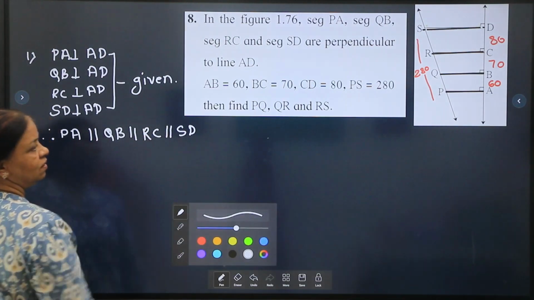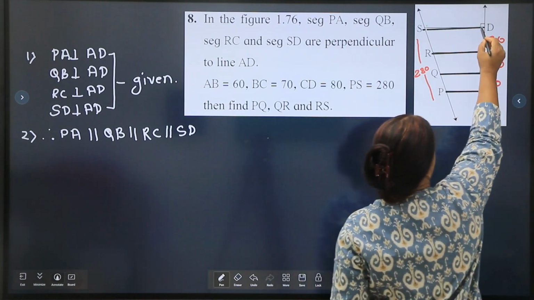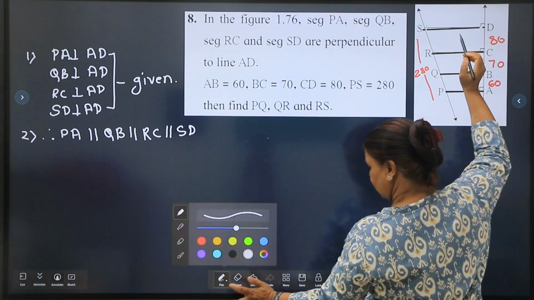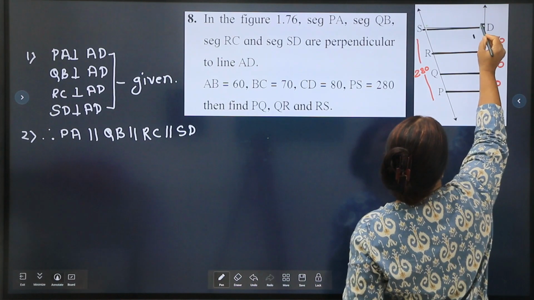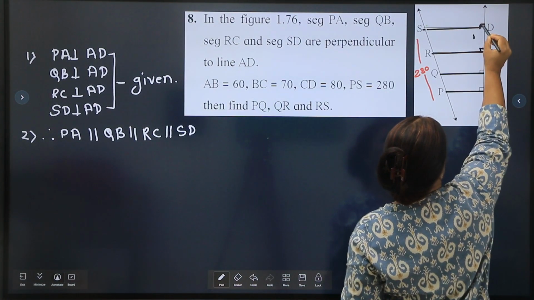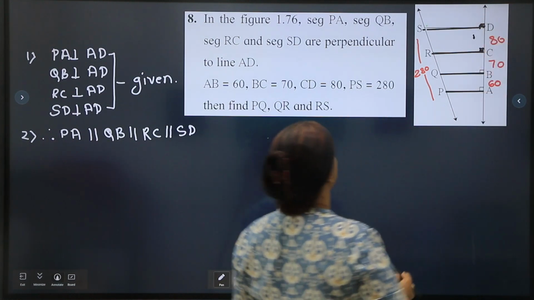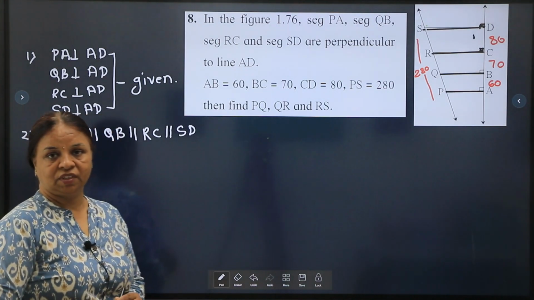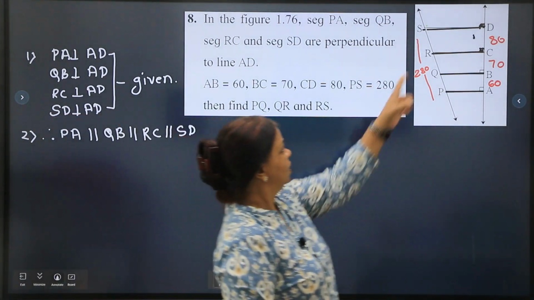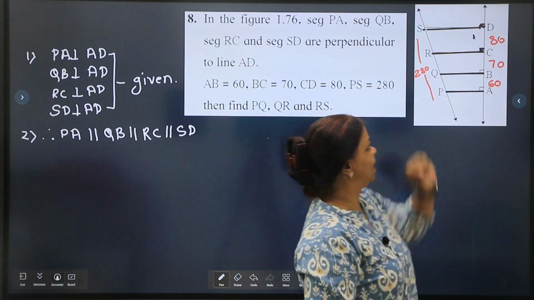Let us see why the lines are parallel. See, this angle is 90 degrees, children. This angle is 90, this is also 90. If this is 90 and this is 90, what kind of angles are they? They are nothing but corresponding angles. And if the corresponding angles are equal, both being 90, therefore this line is parallel to this line.